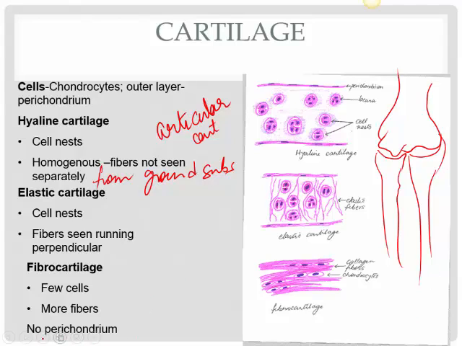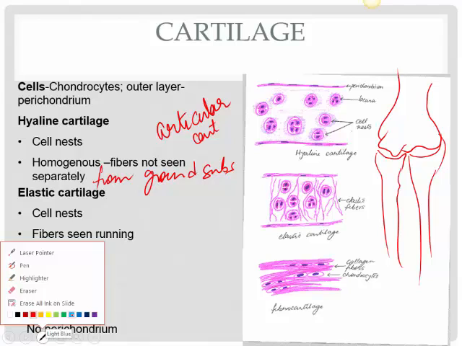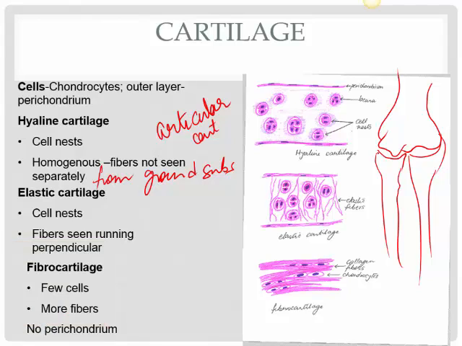So at the upper end of the radius, where it's in close contact to the ulna, at this end of the ulna, and the lower end of the humerus, these will be areas where the bones will come in contact to form the elbow joint. You have articular cartilage.